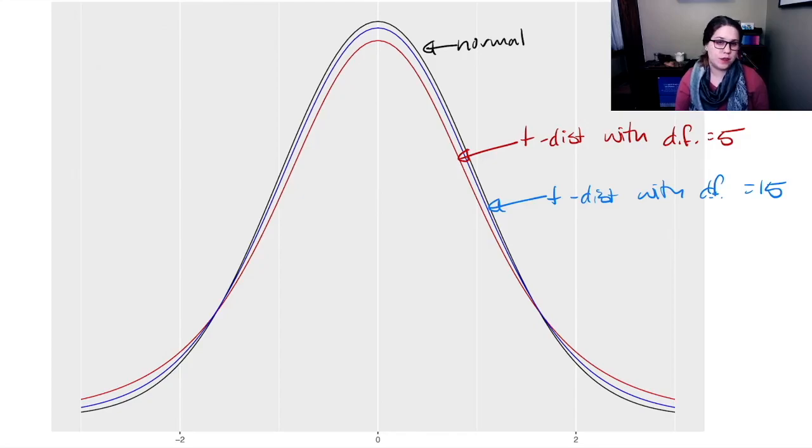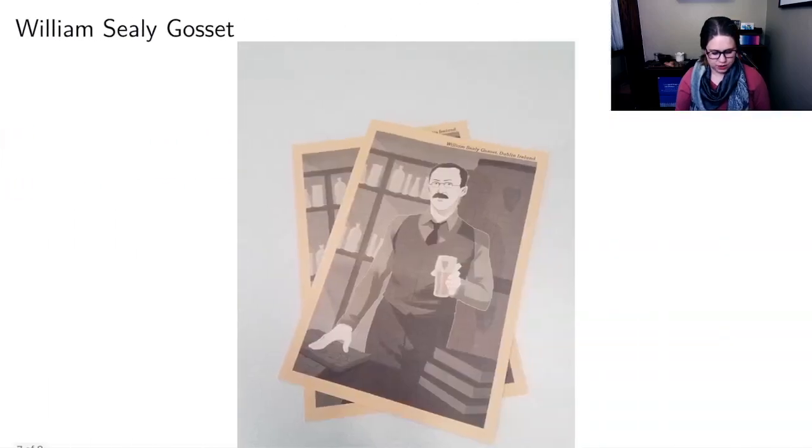So this is just a different theoretical distribution. It has its own name, but we specify it using the degrees of freedom. And just a moment of history, the t-distribution was discovered or invented by this man named William Sealy Gosset. And he was working for Guinness at the time, and he wanted to have a way to tell if Guinness was really consistent. So he was doing statistics basically to see that the beer had good consistency when it came out of the production line.